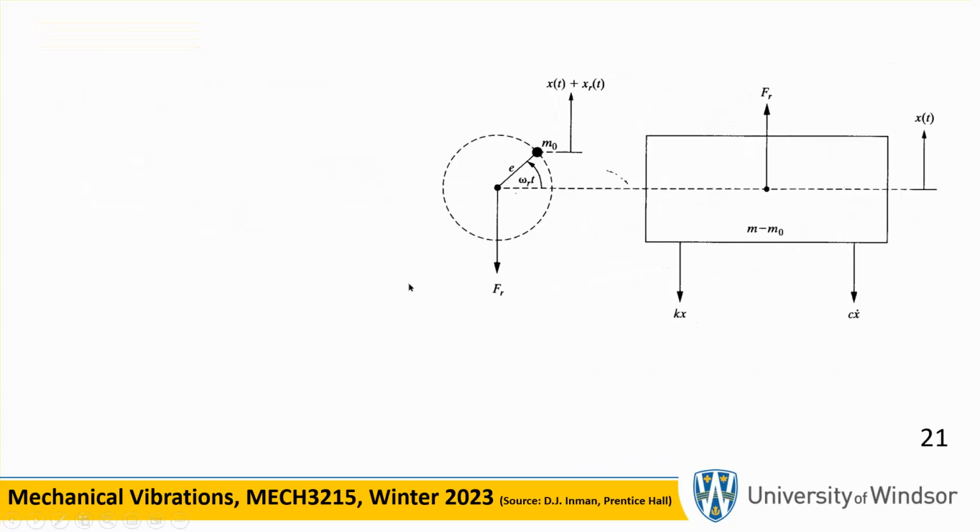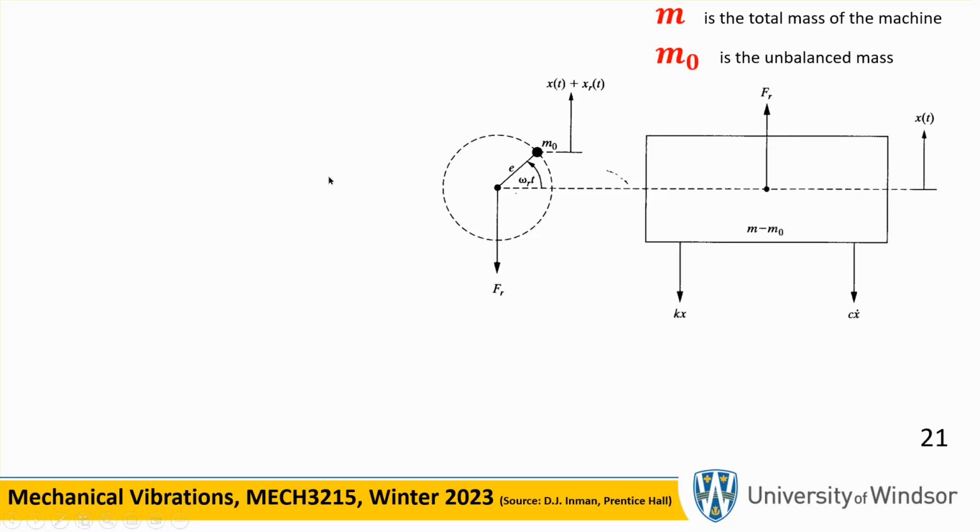So here is the broken blade component, and this is the other piece, which is m minus m naught, the actual fan. If I remove m naught from it, this is m minus m naught. So the force is applied to this block whose mass is m minus m naught, because I'm looking at m naught as isolated here.